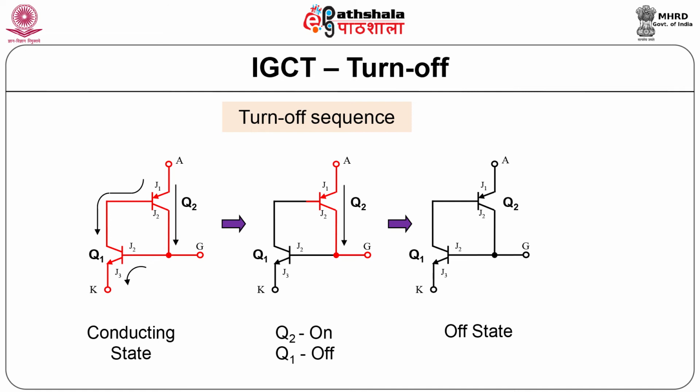Therefore, P2 will also turn off. So, the left hand side is the conducting state, the right hand side is the off state, and in between is the transition state while turn off.